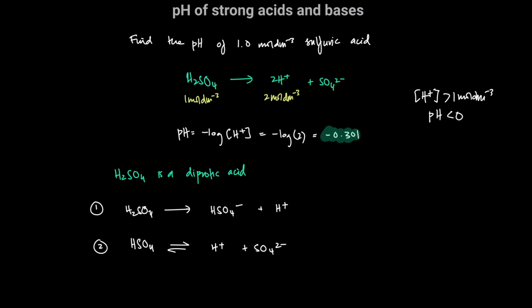So if, for example, in this question we were starting with 1 mole per dm cube sulfuric acid, it is a strong acid, so it will ionize completely to lose a single proton. That will be the first ionization, because it's a diprotic acid, losing 2 protons. The first stage is complete ionization. So if I start with 1 mole per dm cube sulfuric acid, I'm going to form 1 mole per dm cube HSO4 minus and 1 mole per dm cube H plus.